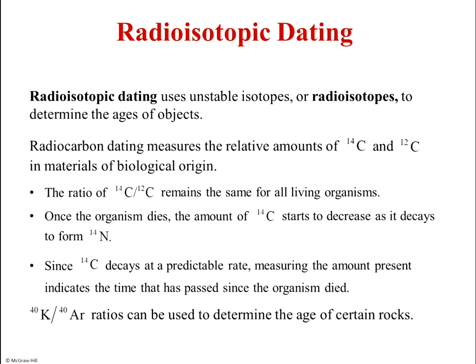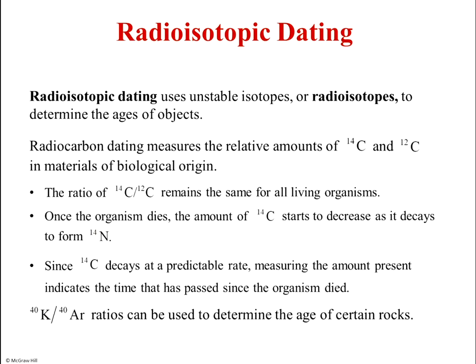And we find that the ratio of carbon-14 to carbon-12 is approximately the same for all living organisms. Once the organism dies, the amount of carbon-14 begins to decrease. The amount of carbon-12 does not decrease, and carbon-14 decays to nitrogen-14.